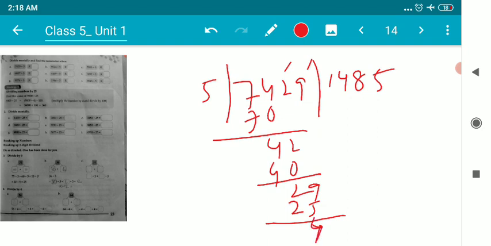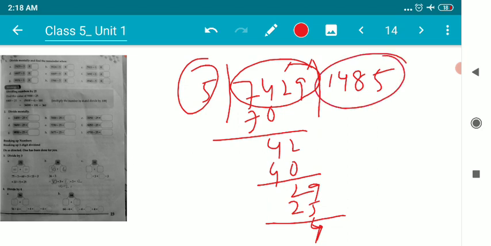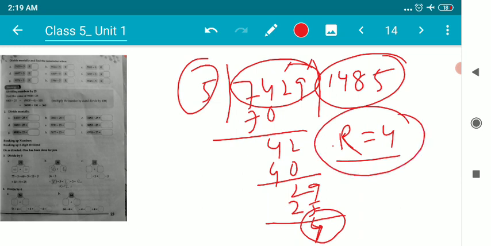So I'm getting finally 4 over here, and as I have no numbers next to bring down along with 4, the divisor is 5, dividend is 7429, quotient is 1485, and remainder is 4. My final answer: remainder is equal to 4. Children, this is how we have to get the answer of such things.